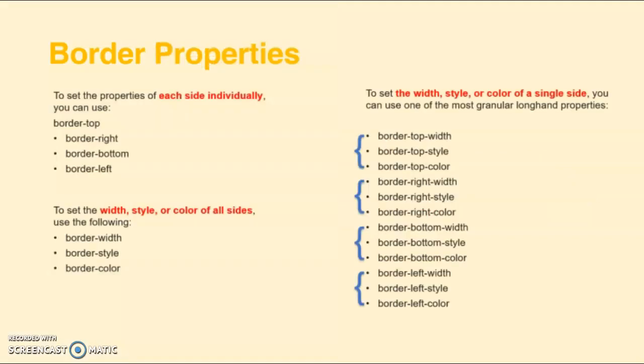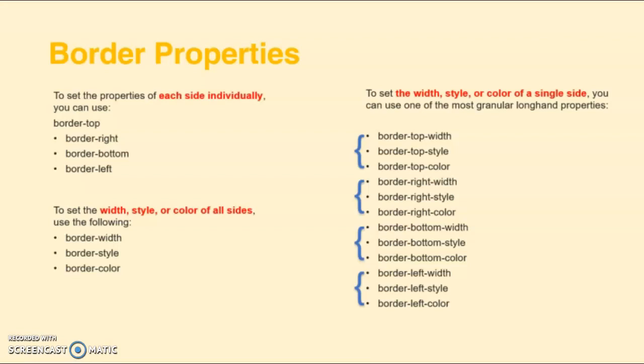To set the properties of each side individually, you can use border-top, border-right, border-bottom, and border-left. To set the width, style, or color of all sides, use border-width, border-style, and border-color.